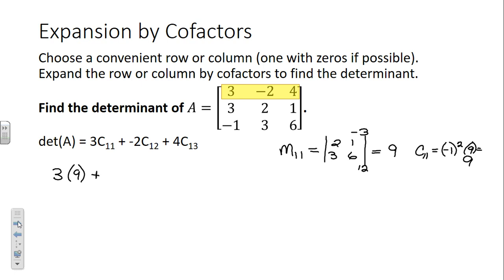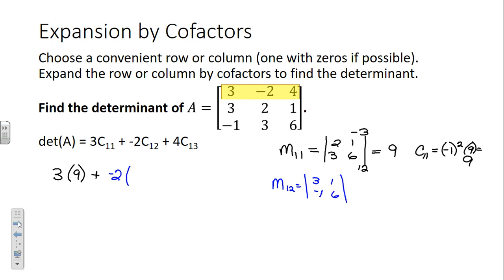And we're going to add that to negative 2 times the cofactor of row 1, column 2. Well, to find the cofactor of row 1, column 2, I've got to find the minor of row 1, column 2. What's the minor of row 1, column 2? Absolutely.